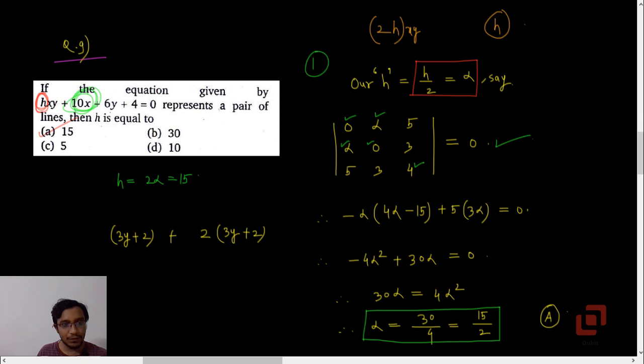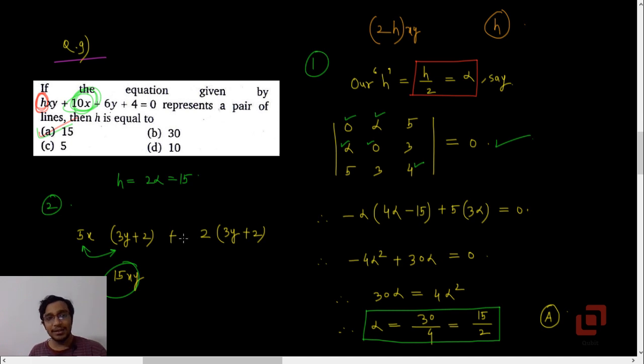So if at all we want to take something common with 2 in the place of 10x, it should be 5x. Yes, but what is this now? 5x into 3y is 15xy. Hence the required value of h is 15 without the determinant. So that is the second method.